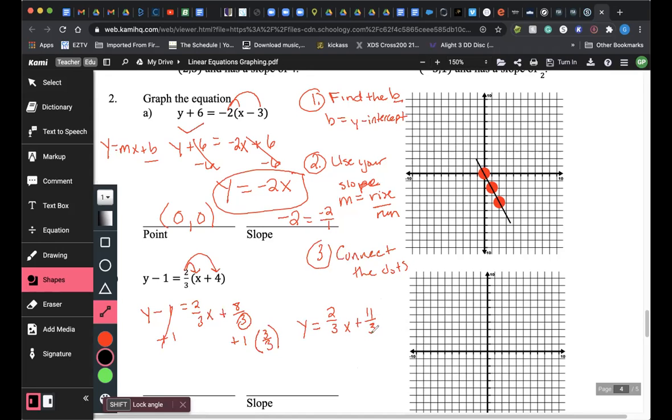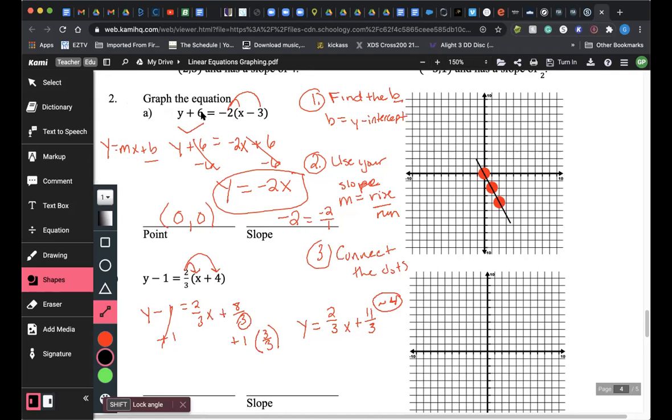All right. 11/3 is going to be a little bit hard for me to graph, but I know that 11/3 is almost 4. Because if I turn that 11 into a 12, 12 divided by 3 is 4. So it's close to 4. Just so everybody has a good understanding of what that's going to end up meaning.